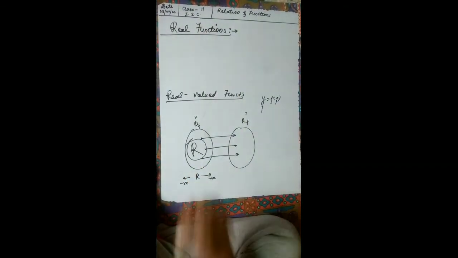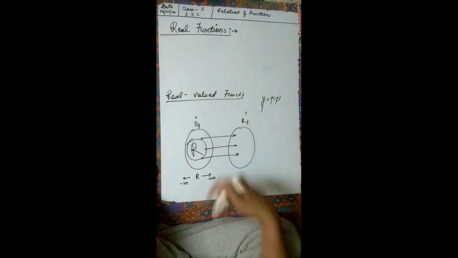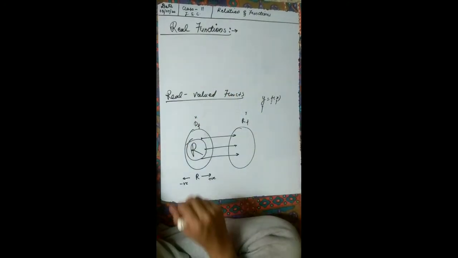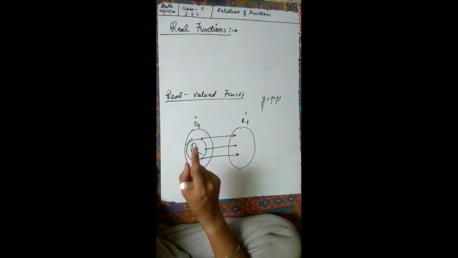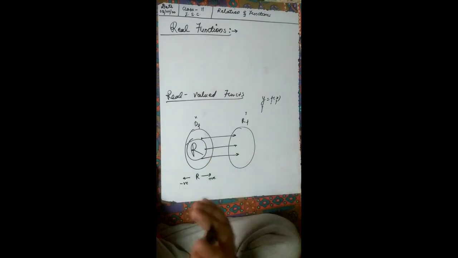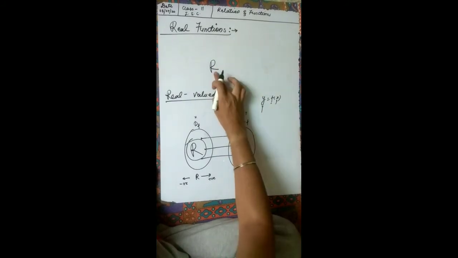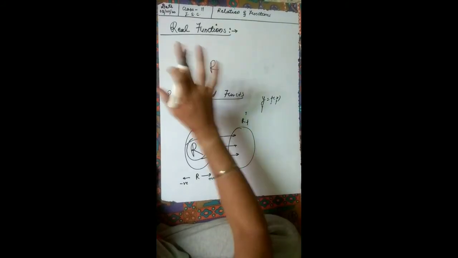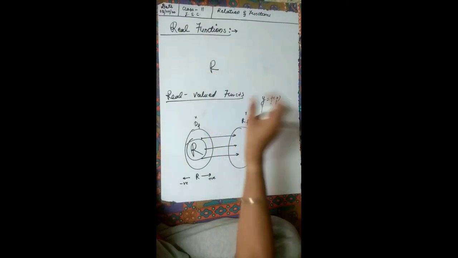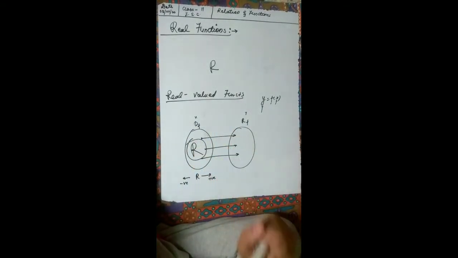And if your range can accept the whole real number or a subset of the real numbers, then that is called the real valued function. Let me repeat it in a proper way with the definition: a function which has either R, the real numbers, or one of its subsets as its range is called a real valued function.